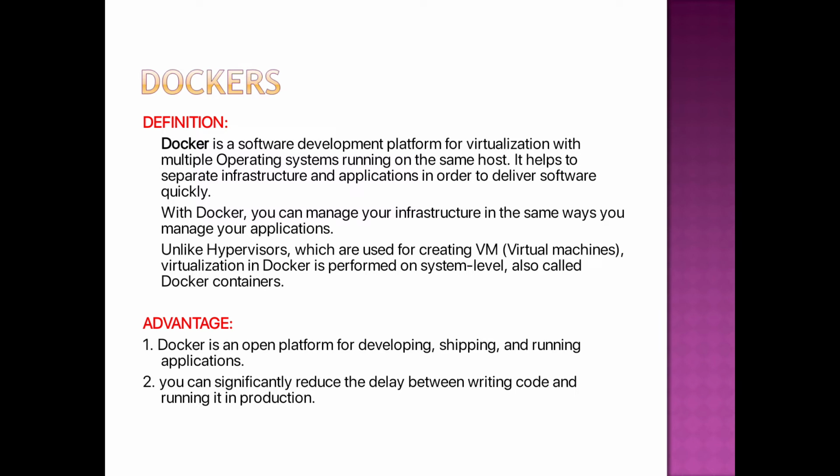Within the Docker container we have different kinds of Docker images, which are read-only binary templates. These Docker images are used as templates, and the container is a copy of that particular Docker image, that is, the Docker template.